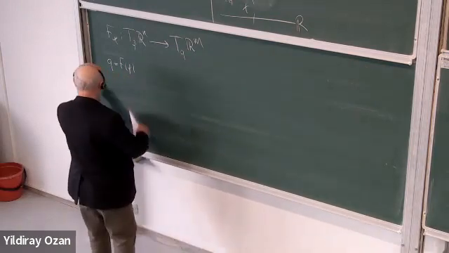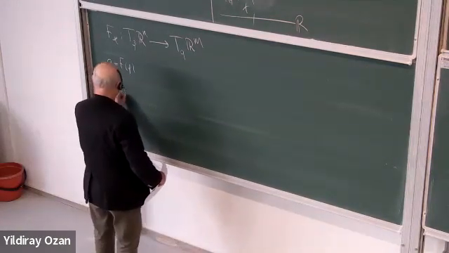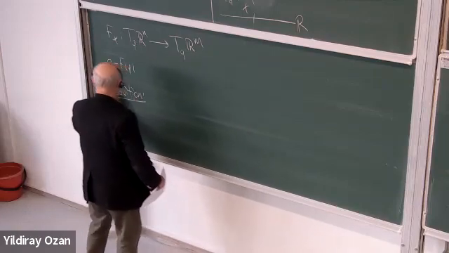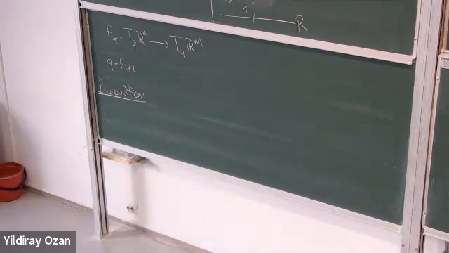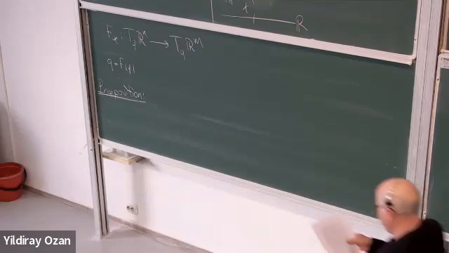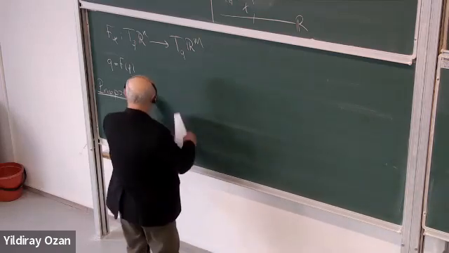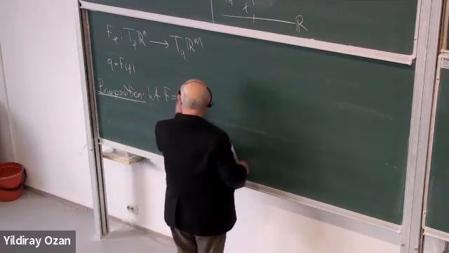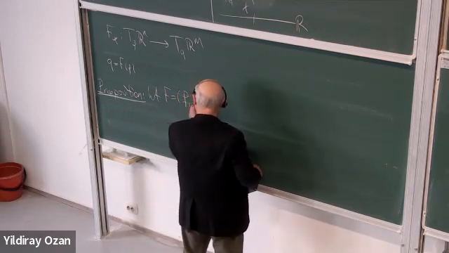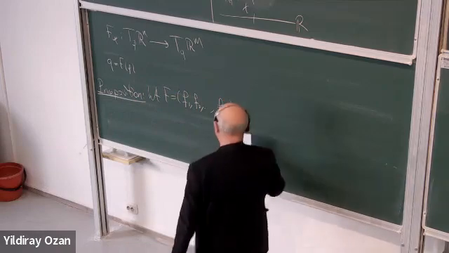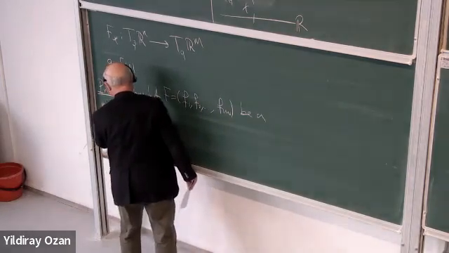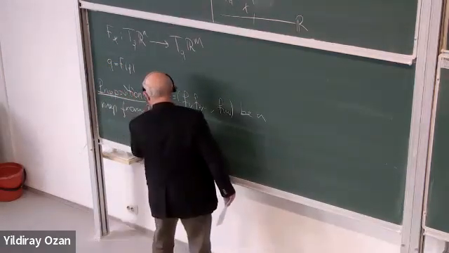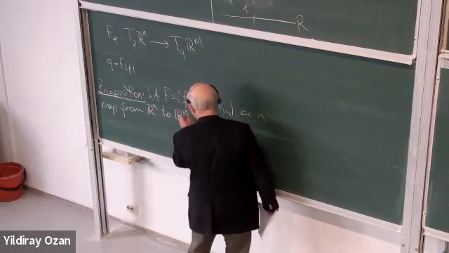Now let's see that actually. Here is the proposition, the expression of f star. Let f be as above, a map from Rn to Rm.